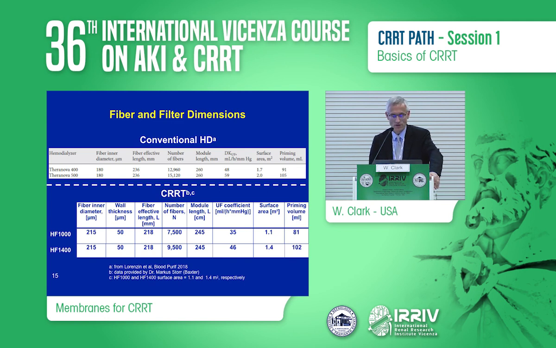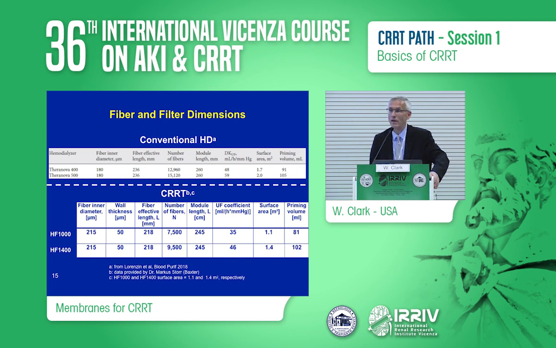And that is demonstrated here, where a membrane is made more or less of the same material. You see in the chronic setting here, there are some differences in terms of inner diameter and small differences in the effective fiber length. But generally speaking, those differences are not huge.